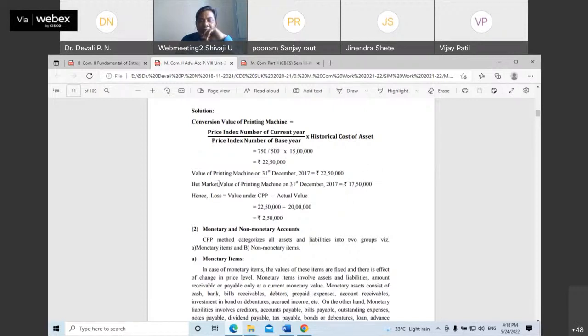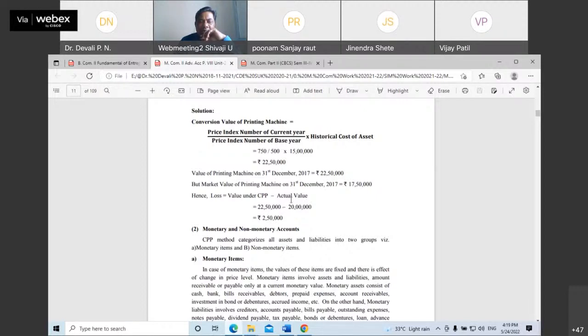So whether we are suffering from profit or loss, that we are going to consider. Why we are suffering from loss and why from profit is also one part, because we are comparing our price level to the market price level, and that's why we are suffering a loss here. After converting the historical cost under the CPP method, the value is 22,50,000.